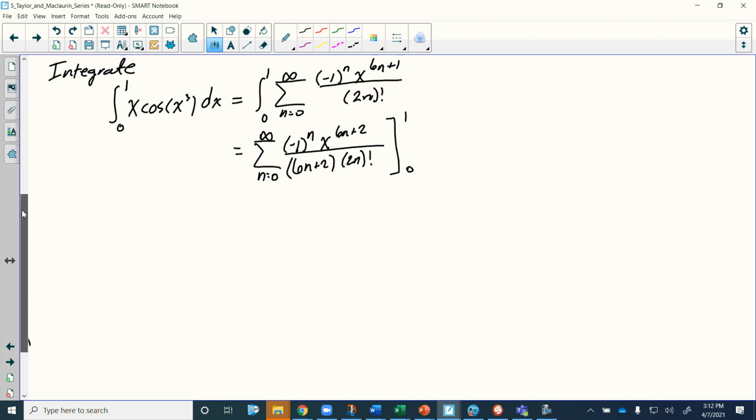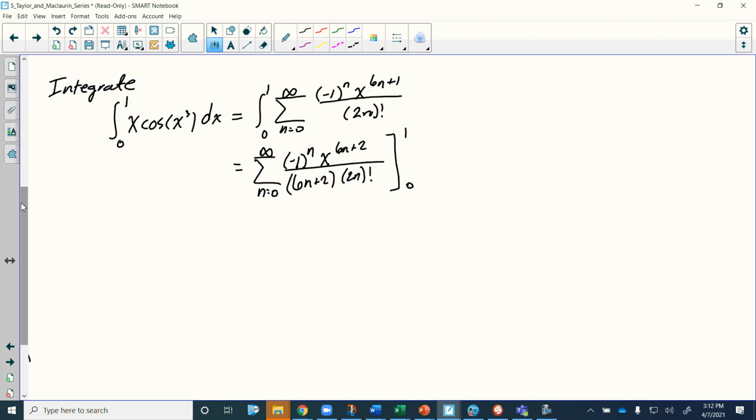So now we can start doing our substitution. All right, and I'm going to have n equals 0, infinity. So anywhere I have an x, I'm going to put my 1. So this is negative 1 to the power of n times 1 to the 6n plus 2 power over 6n plus 2 times 2n factorial.